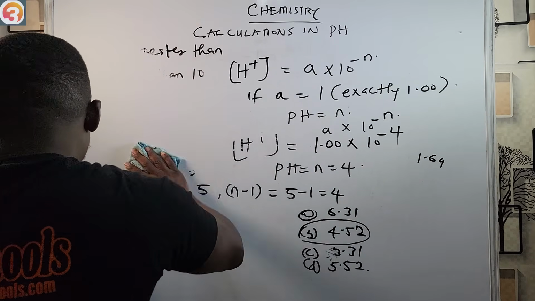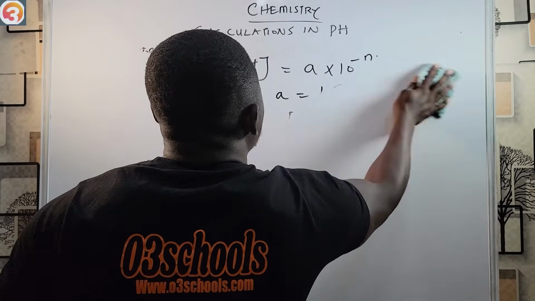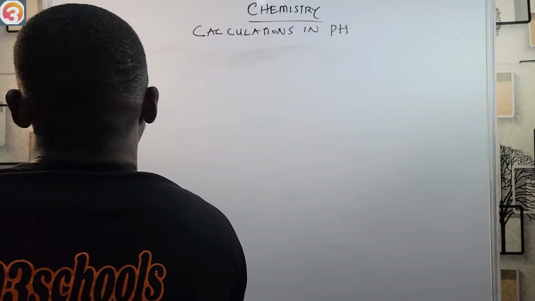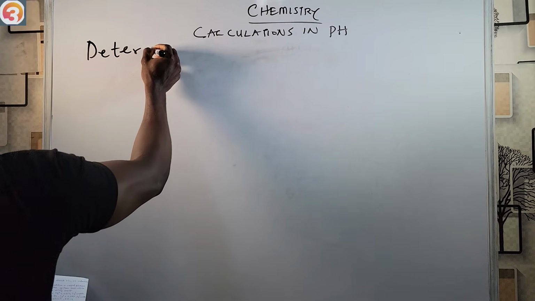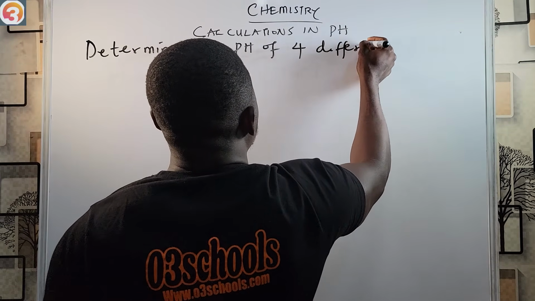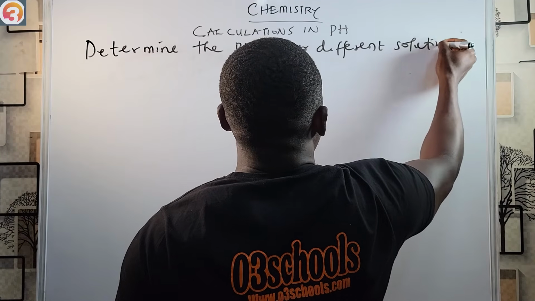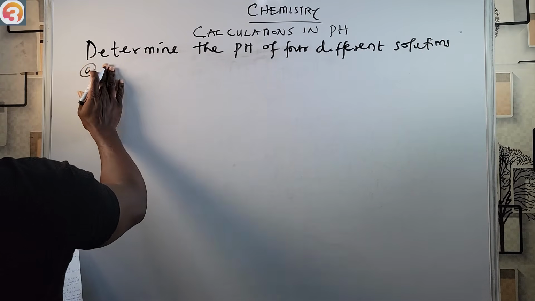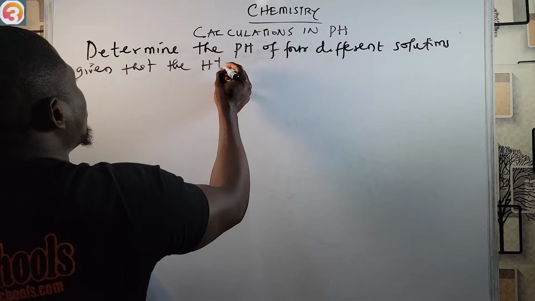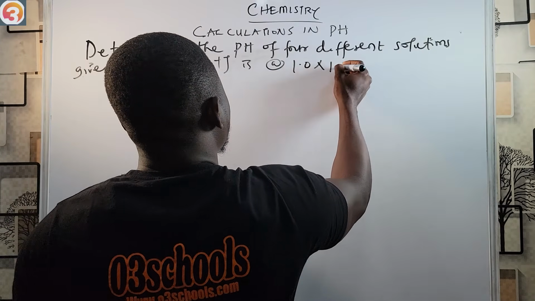If I give you now an example, they say determine the pH of four different solutions, given that the hydrogen ion concentration is: A, the first one, is 1.0 times 10 to the power minus 3.